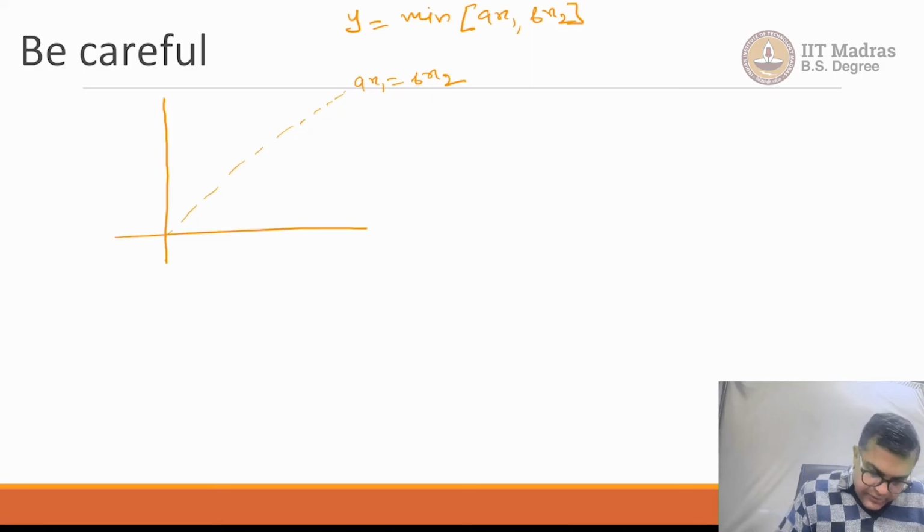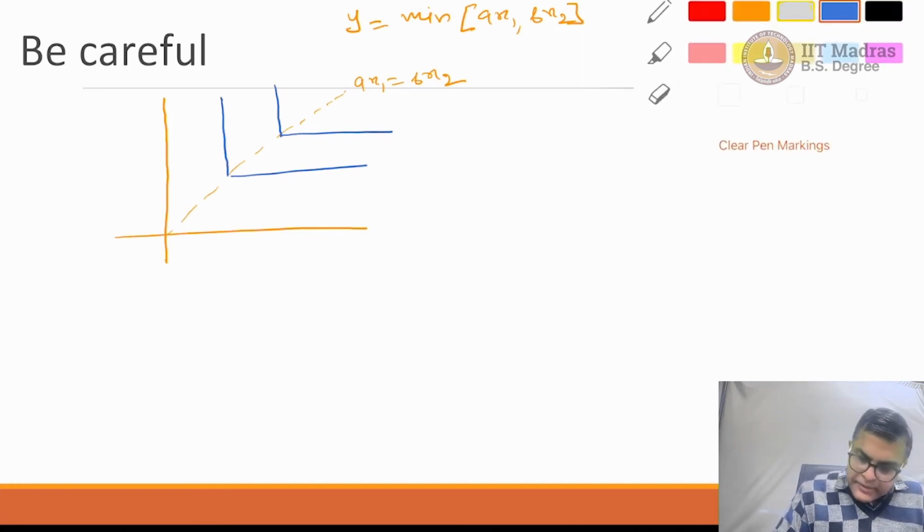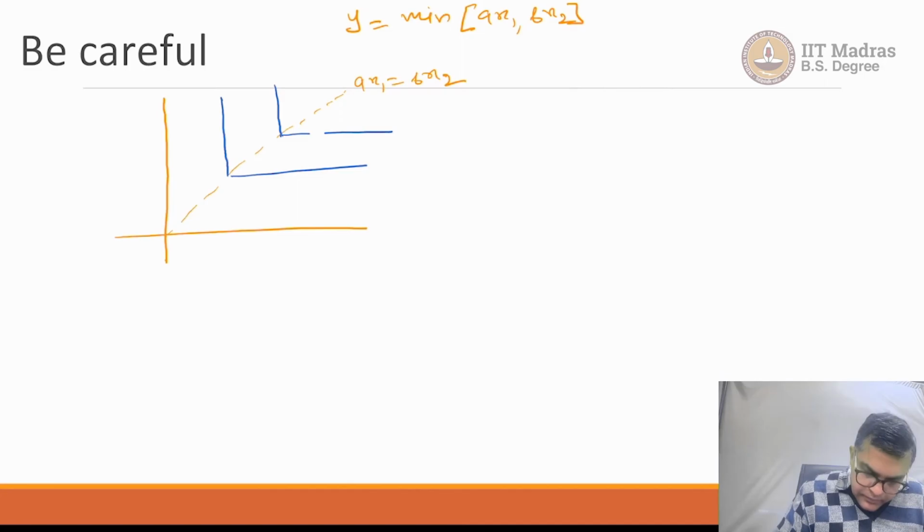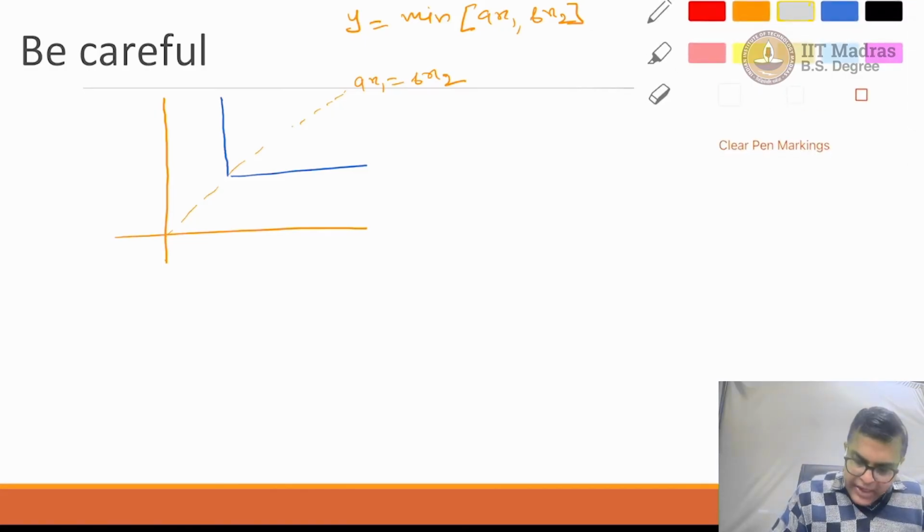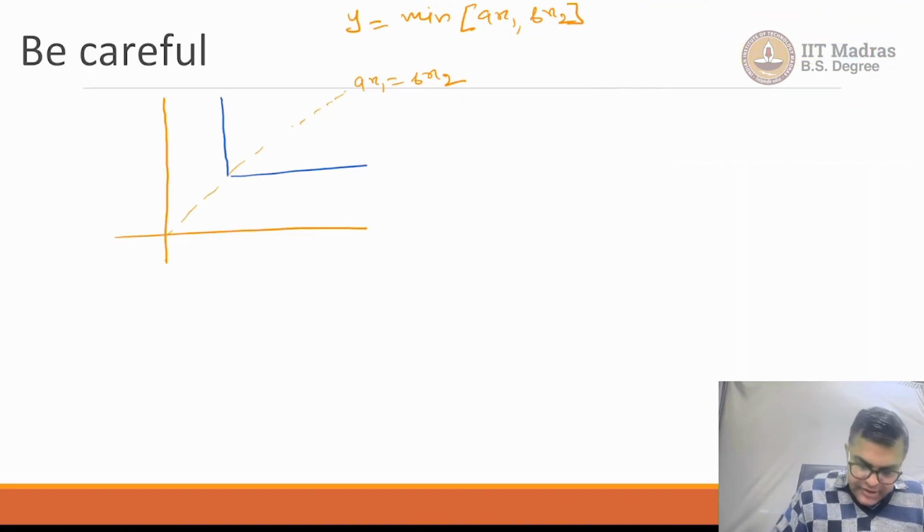So this is the way an isoquant looks like. But we should have just one isoquant, and we should have a map of isocost lines to see how they look.